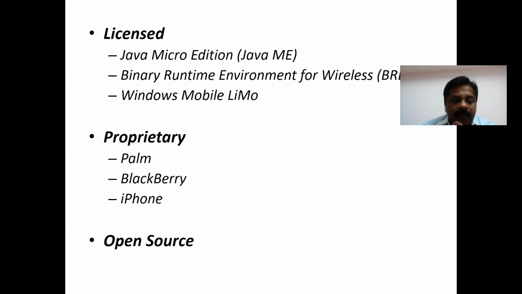Proprietary means Palm, BlackBerry, iPhone. These are individual mobile operating systems, and each supports only its own phone: iOS, BlackBerry OS, Palm OS. We cannot use that OS in other company mobiles. And then open source, like Android. We have open source software.